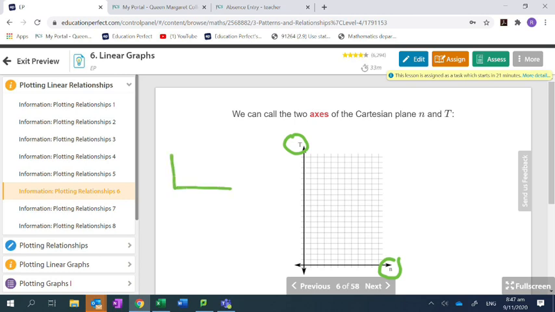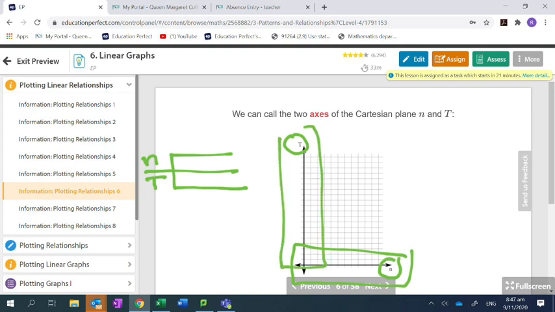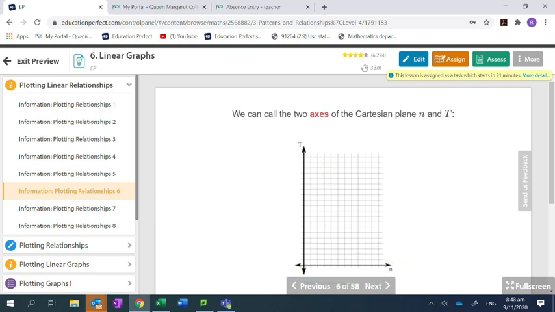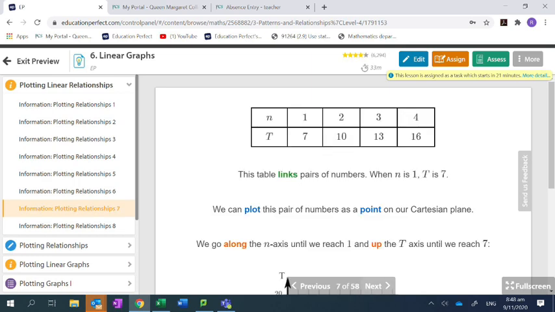So when we had our chart, remember n was the first one and then t was the second one. That means that n has to be the horizontal, the x-axis, and t has to be the y, because of the order in which they appear in the relationship, right? Make sure you're always careful about the particular order of them. But again, just like we did last time, you can change the labels of the axes to fit your situation.